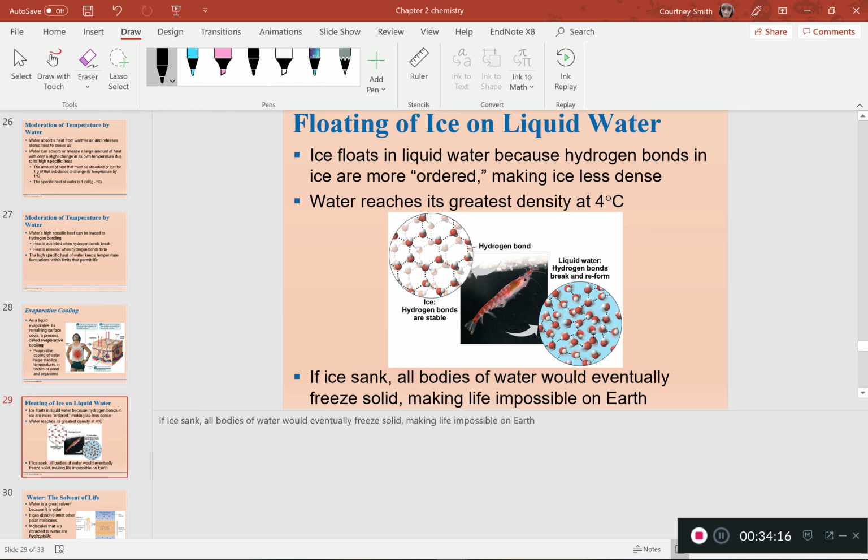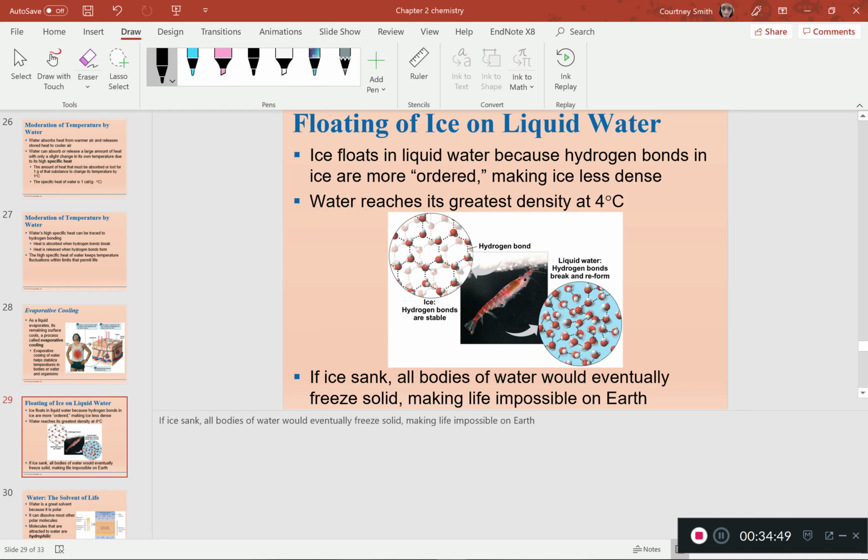With the fact that it forms this very uniform structure, we don't see ice sink, because ice is less dense. If ice did sink, all water on Earth would eventually freeze over, we'd be in another ice age and life would not be possible.